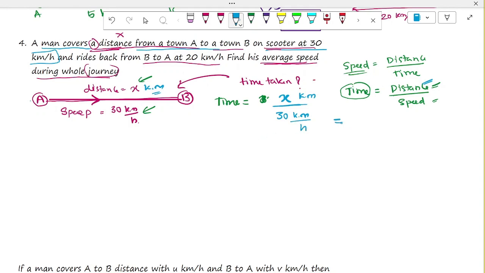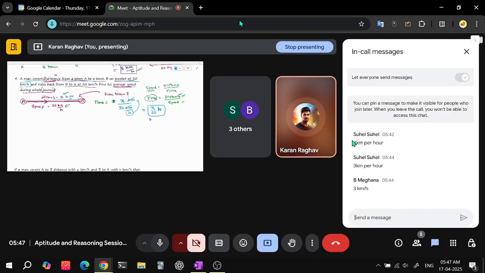So this will become what? Kilometers get cancelled, this hour will go on the top. So it will be how much? x divided by 30 hours. So the time taken for the person to travel from A to B is x by 30 hours. I hope you got this much. This is important in this question. You should know how to find the time.